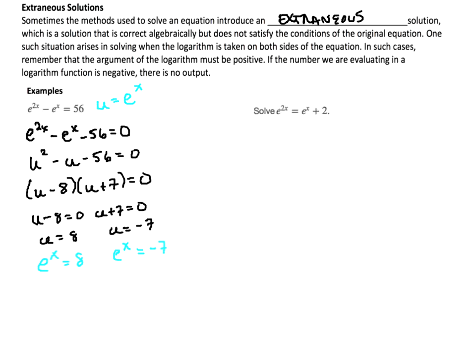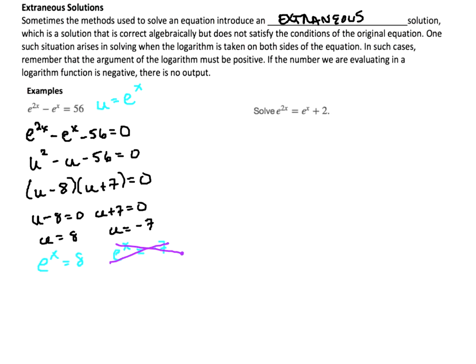Well, I can stop right here with e to the x equals negative 7, because there's never going to be an exponent that I can raise e to, or any positive value to, and get a negative value out. So this is an extraneous solution that showed up.